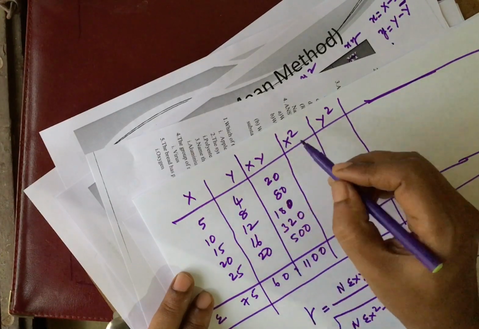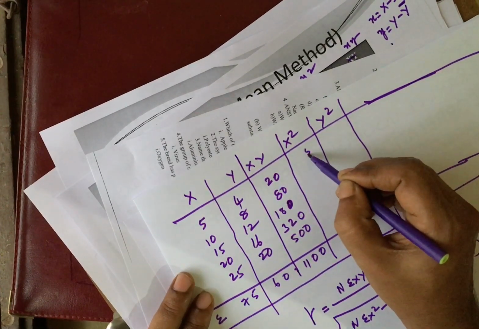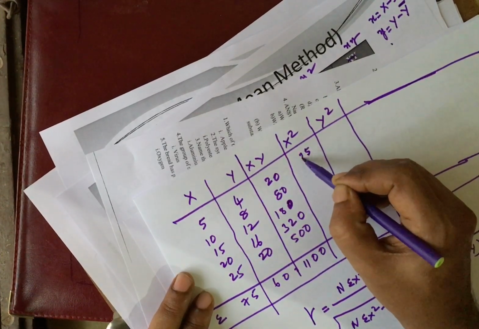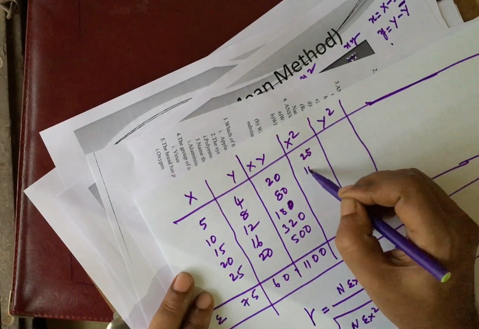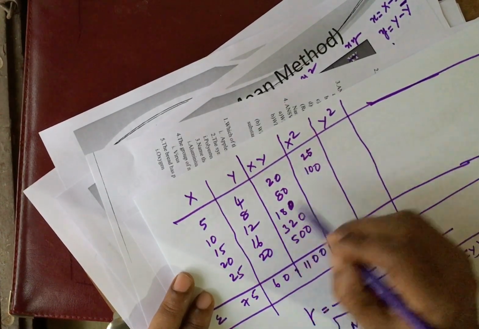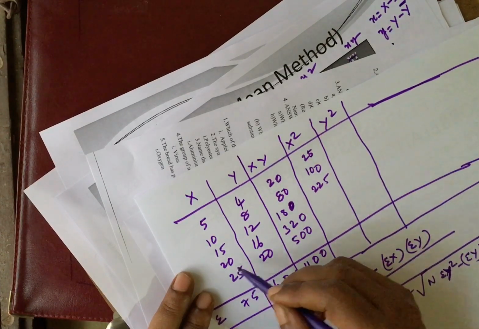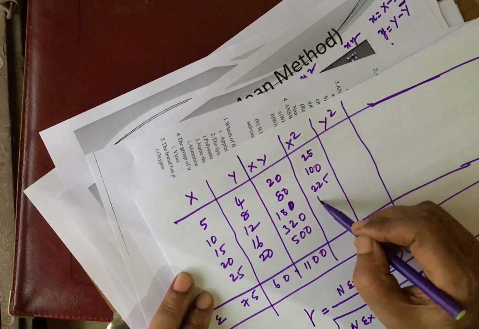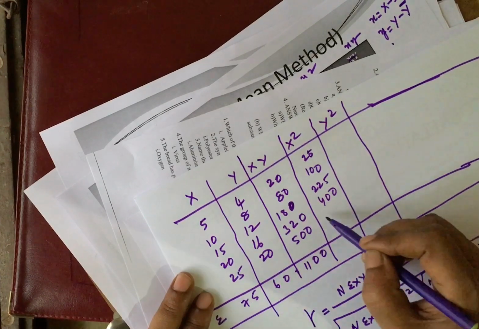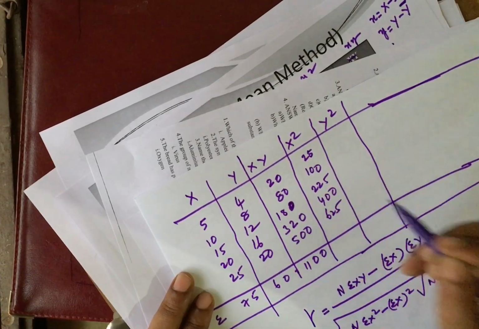Now x square: 5 into 5 is 25, 10 into 10 is 100, 15 into 15 is 225, 20 into 20 is 400, 25 into 25 is 625.